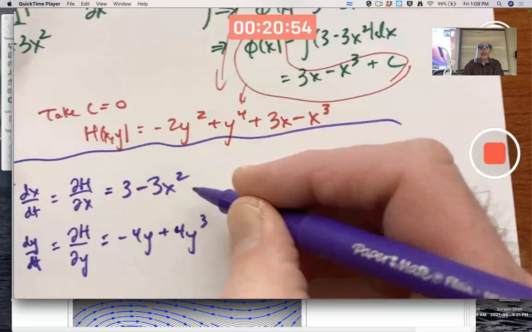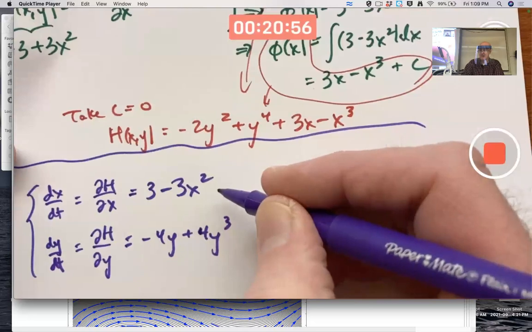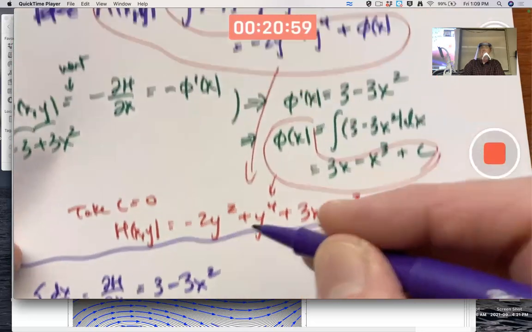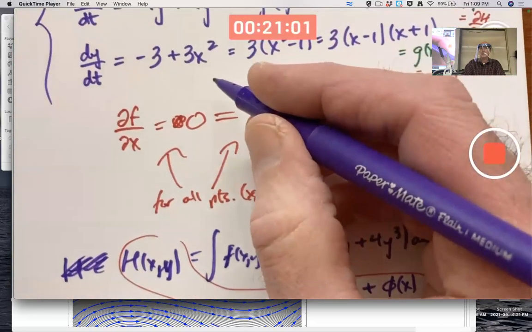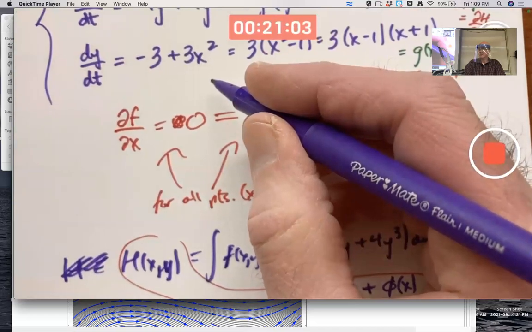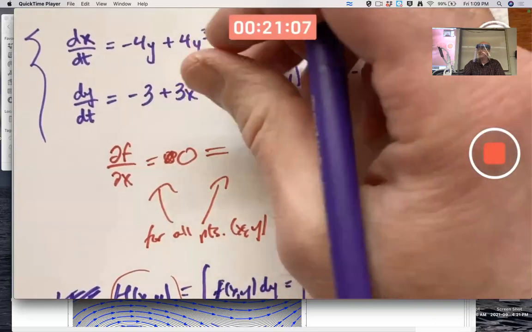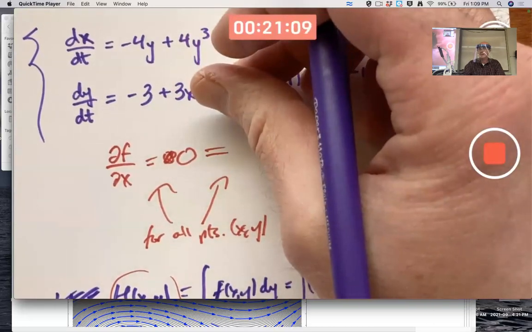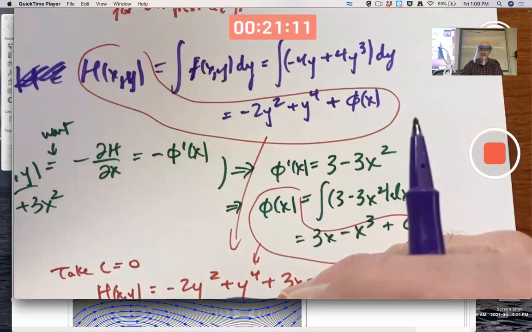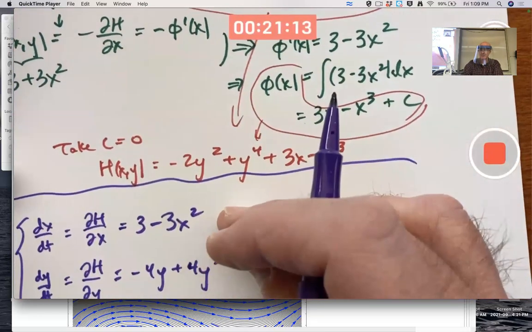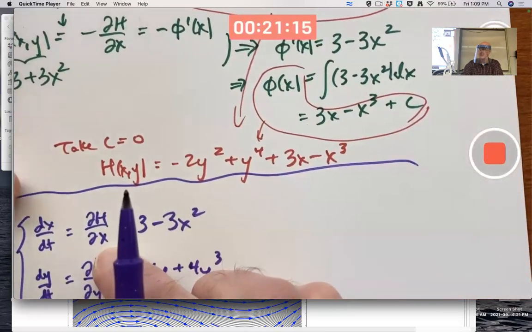And the right-hand side of the dx/dt equation, 3 minus 3x squared, is the opposite of the right-hand side of the dy/dt equation for the Hamiltonian system. So all I did here was swap the components of the vector field and negate the first one to get back to a positive partial of h with respect to x.